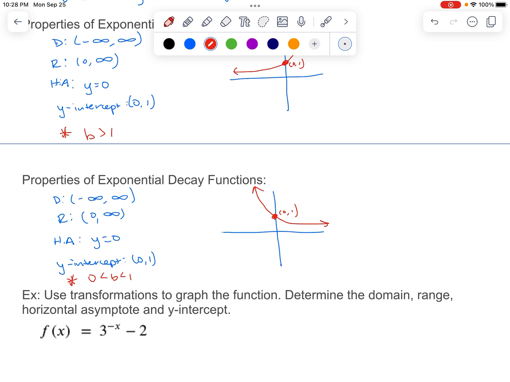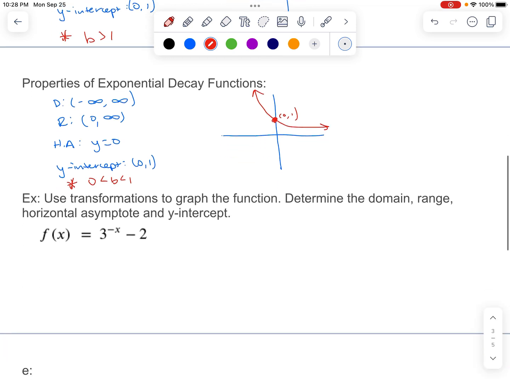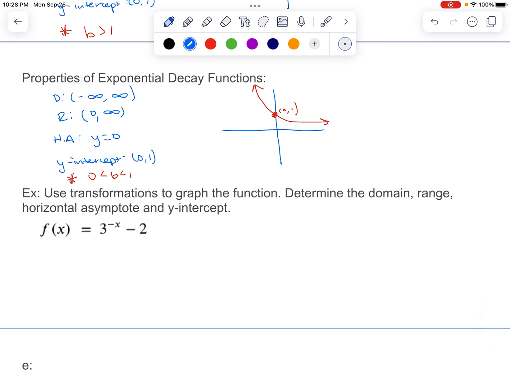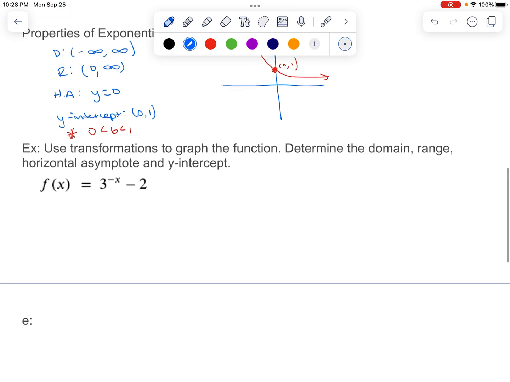So speaking of transformations, knowing our background of transformations, how do we graph this? So let's first just talk about what's going on here before we even talk about graphing it. So domain on this one is still going to hold true of negative infinity to positive infinity.